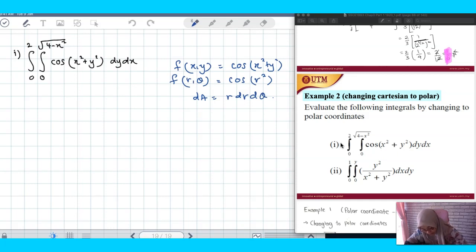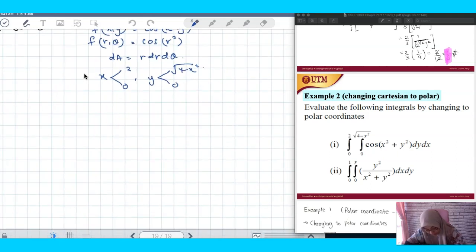So in order to get the region, from the limit given, we have x from 0 to 2, and y from 0 to square root of 4 minus x squared. Then you have to apply the same way that we had in an example in Cartesian before this. How can you get the region from the limit given?